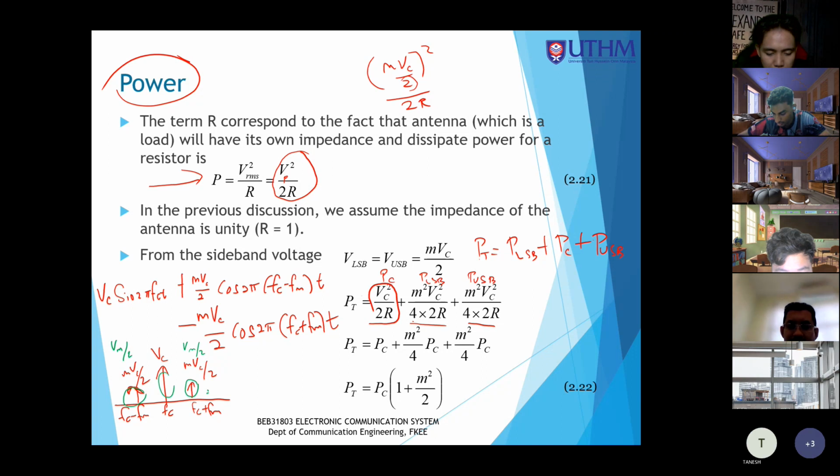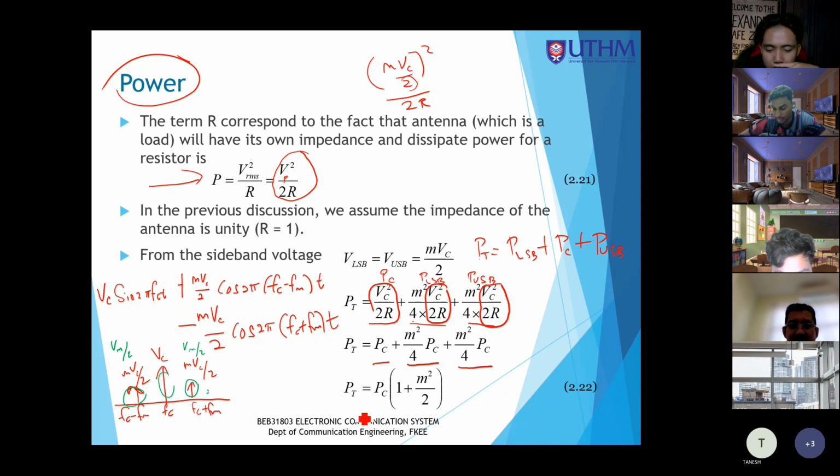Kalau you lihat berdasarkan persamaan ini, ada carrier punya power di sini. Perhatikan, Vc square over 2R. So that means kita boleh buat dalam sebutan PC. So PC plus m square over 4 PC plus another one m square over 4 PC.